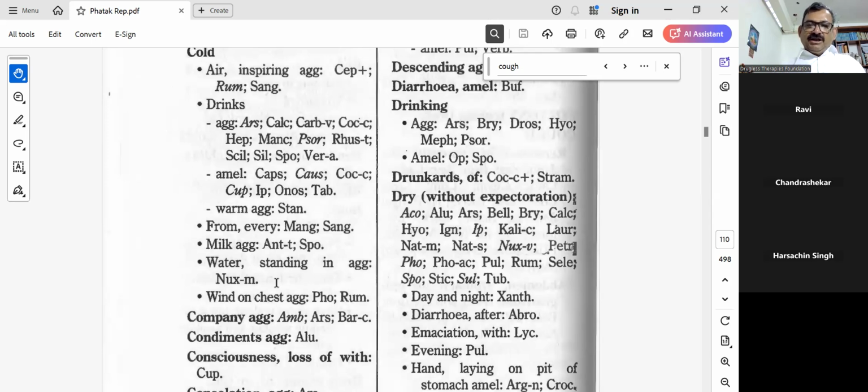Generally they say, when I wash my clothes, I get a cough. You should imagine what they are doing while washing. Washing is by a washing machine, or you have to ask them. So standing in water aggravation is nux moschata, and wind on the chest aggravation.